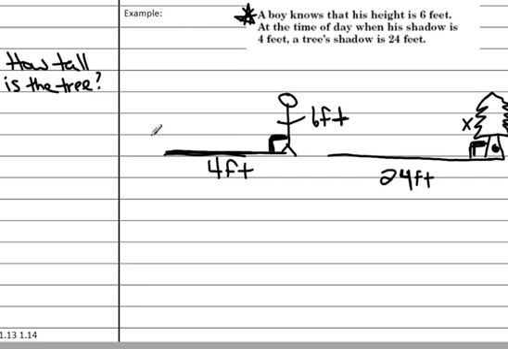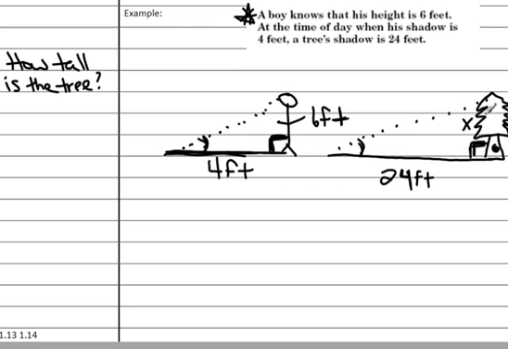The way that the sun hits the tree and the person is what makes this end up being a triangle, where this angle has to be the same for both figures because of the way that the sun is beaming down on them. So because of the angle, we have two similar triangles.